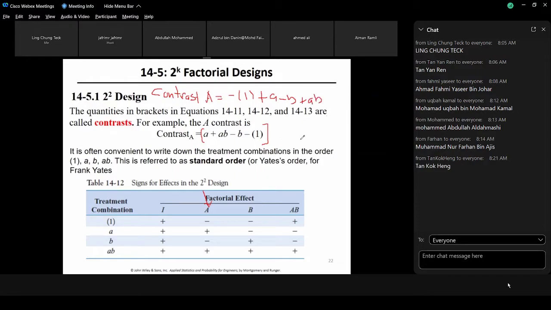So you rearrange, you get AB minus B minus 1. Okay, contrast of A. Look at this, on the standard order design.